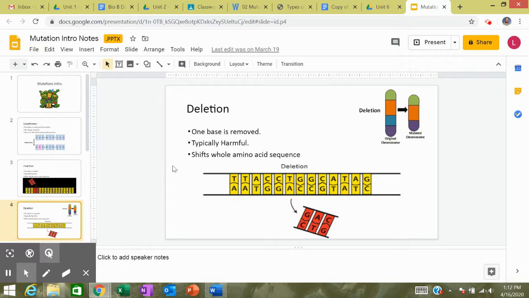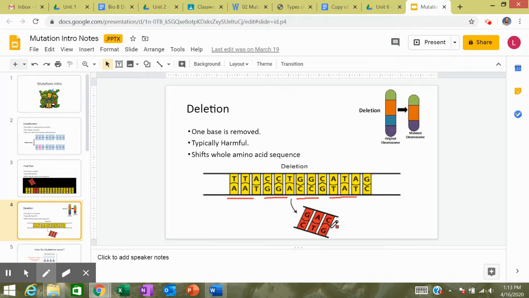The next one is called deletion. This is where one base is removed, and it's also typically harmful because it shifts the whole amino acid sequence once again. If you look here, we have our DNA sequence. Nice, it's all paired up in threes. Those are your codons.